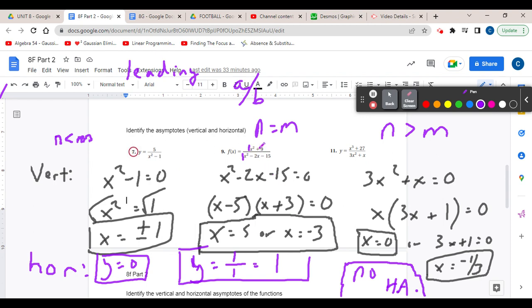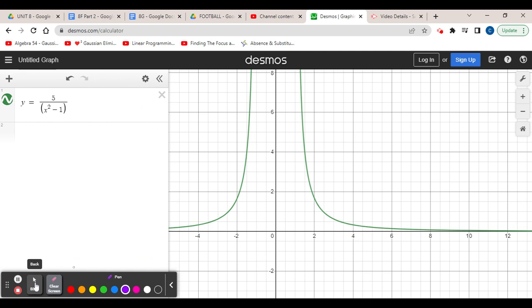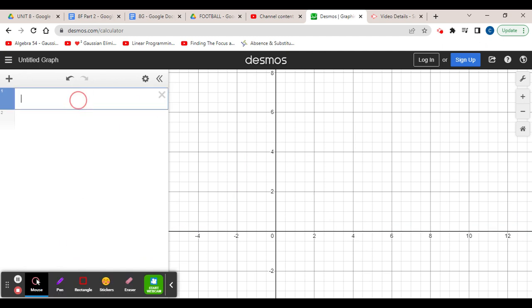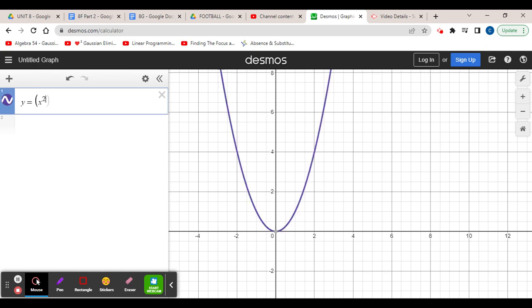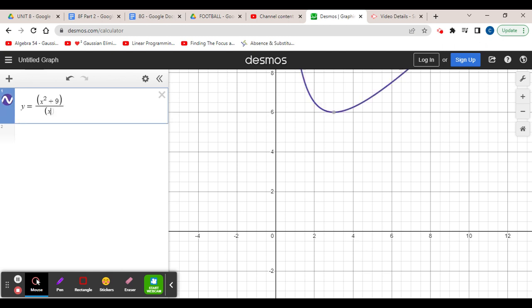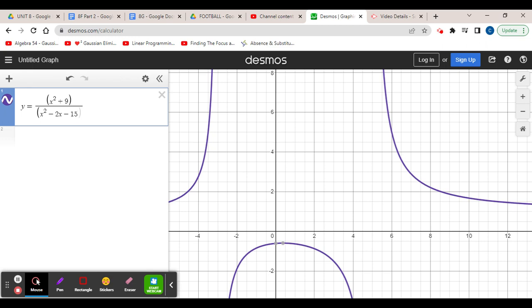And the next one, x squared plus 9 over x squared minus 2x minus 15. So y equals x squared plus 9 divided by x squared minus 2x minus 15.